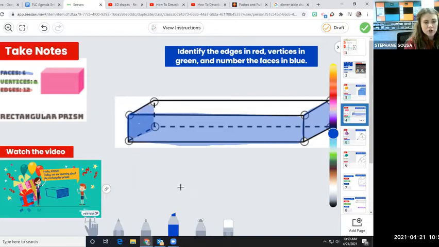See how I'm kind of turning it in my mind's eye, just like that video did for us? The top face, 4. The bottom face, 5. And then the back face, 6.